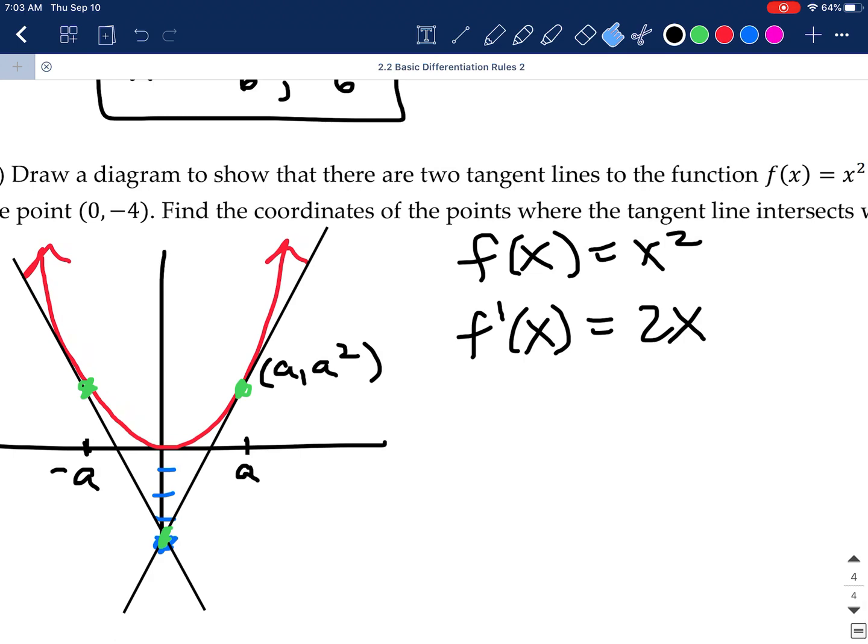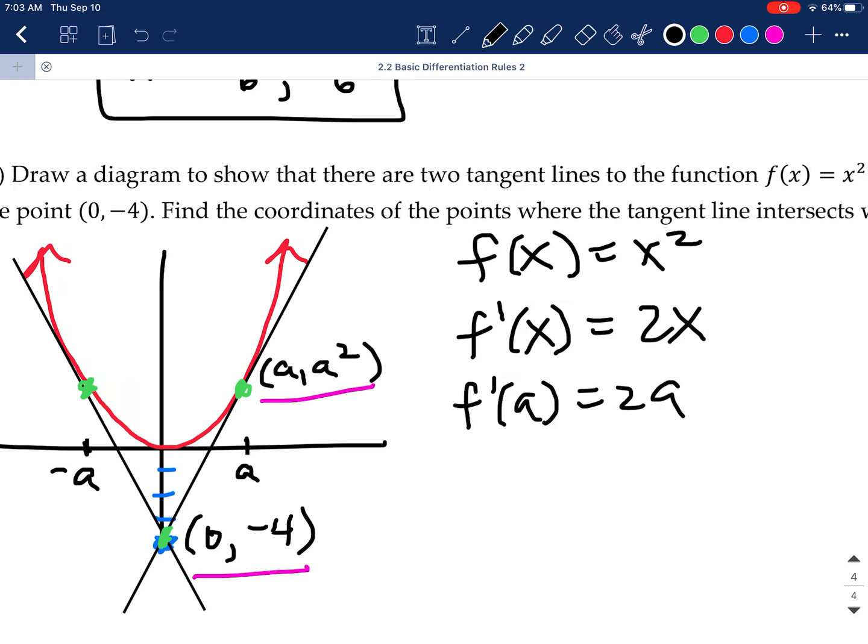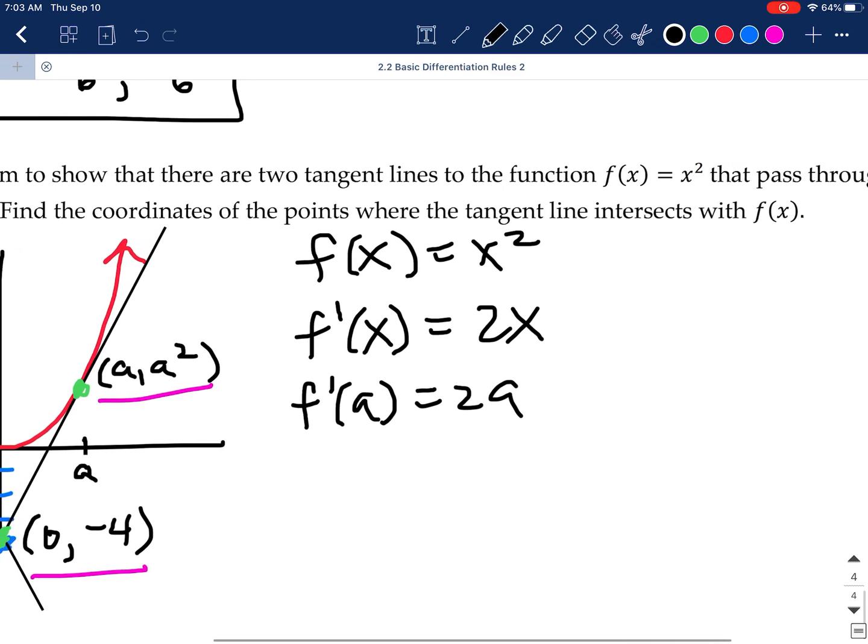But note, on our tangent line, we have the coordinate 0, negative 4, and we have the coordinate a, a squared. So we know that f prime of a is going to equal 2a by our derivative. But f prime of a is also the slope between those 2 points, which we have the formula for as well.